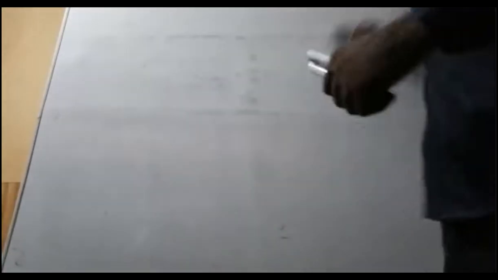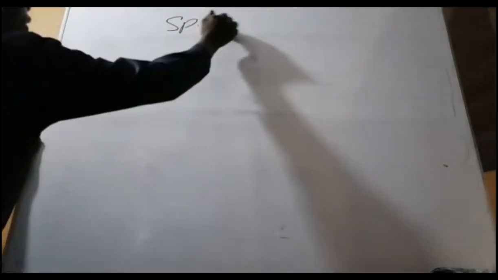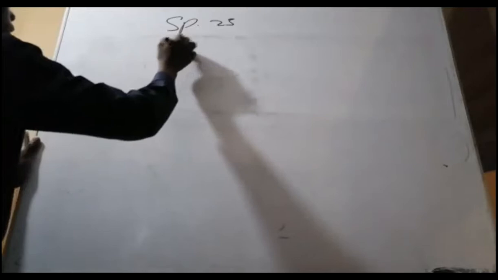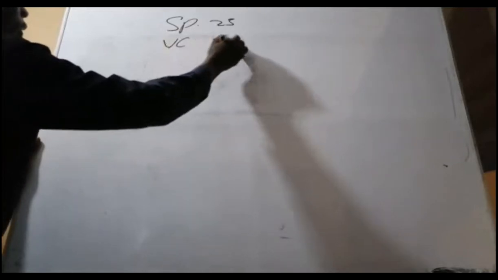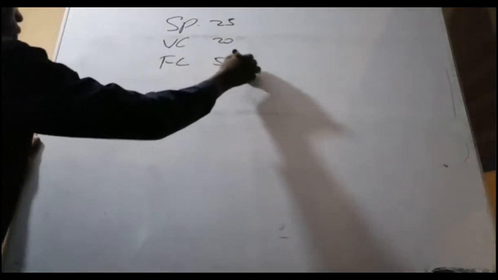This is the same question that we solved, the very first question that we solved today. So I will produce the same question again. Our selling price happened to be 25, the variable cost happened to be 20, the fixed cost happened to be 50, right?